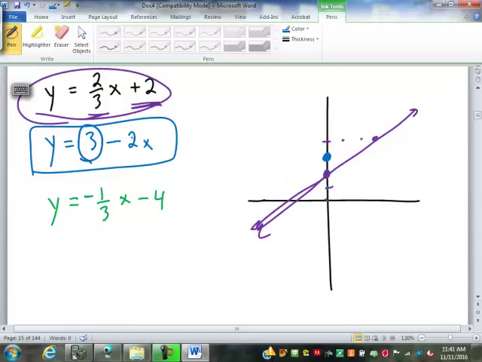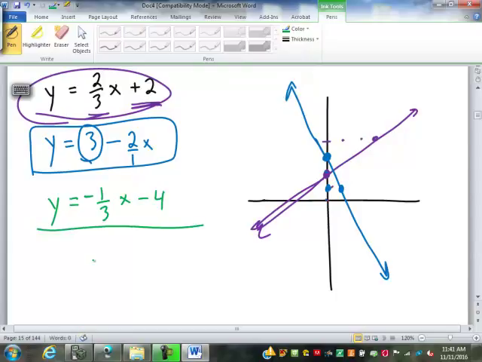Even though it's written as negative 2x, it's really a negative 2 times x. So that means it's a negative 2 over 1. So from that point, we're going down 2 over 1. There's my second point.